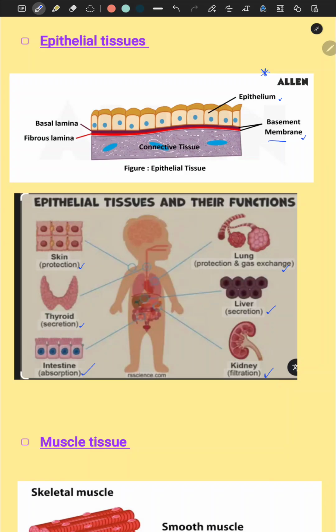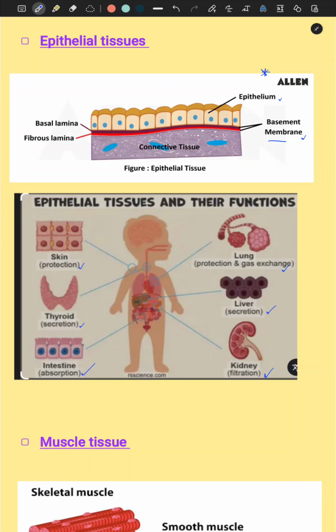The locations of the epithelial tissues are the epidermis of the skin, some glands, the inner lining of the intestine, and the alveoli and glomerulus. Those are some locations of the epithelial tissue.